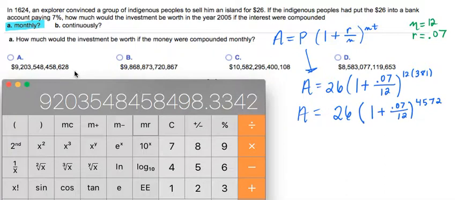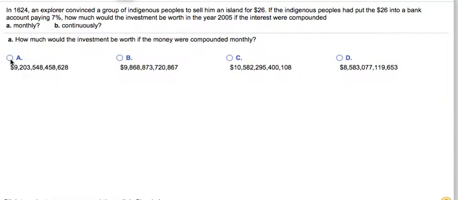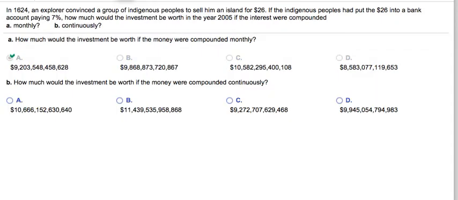It's only the last 3 digits that are off by a little bit. But when you raise a decimal to such a large power, that could be calculator error. So we're going to go with A on this. So let's hit A. Yes, calculator error there because the numbers are just so big.